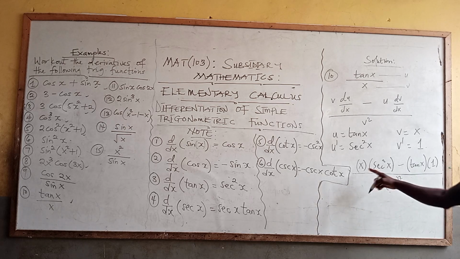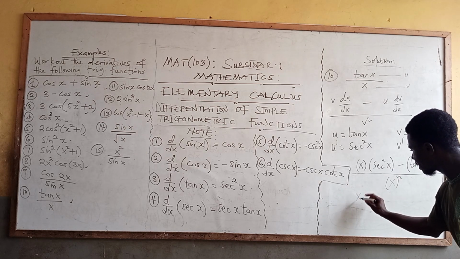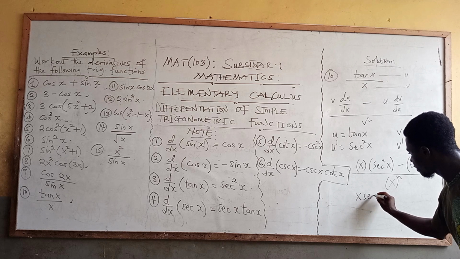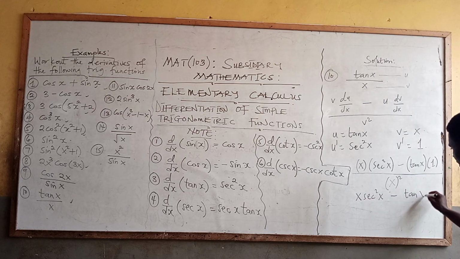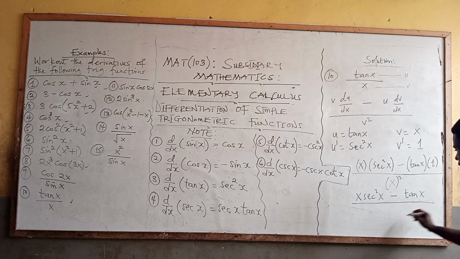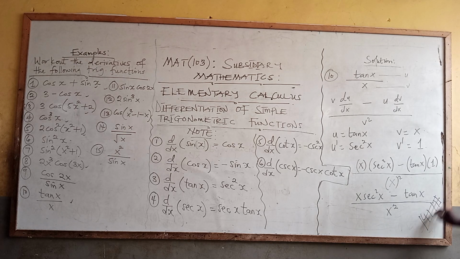So let's see, we multiply, get x sec squared x, then minus tan x, all divided by x squared. So that is our final answer, which is very simple and very, very trivial as well.